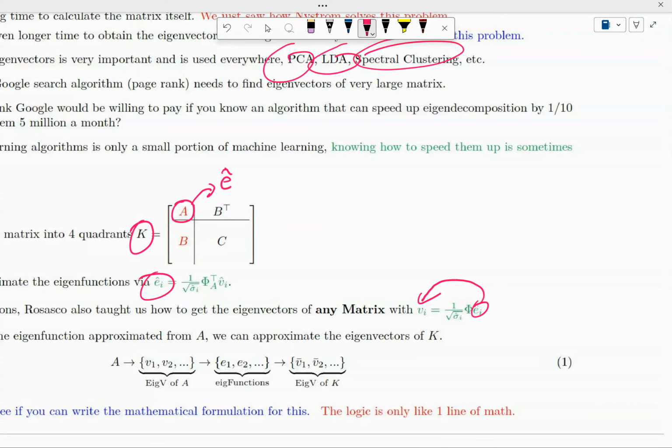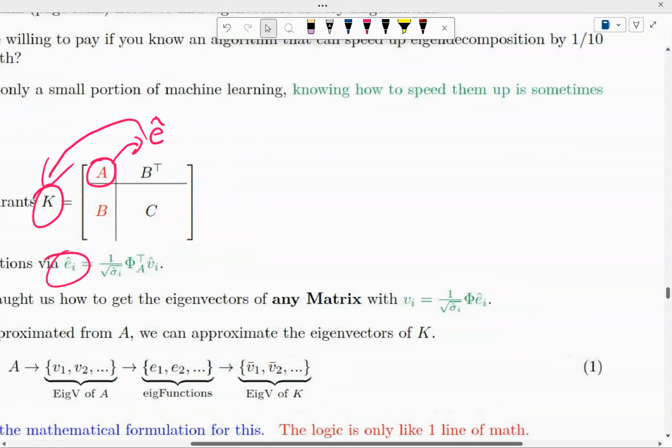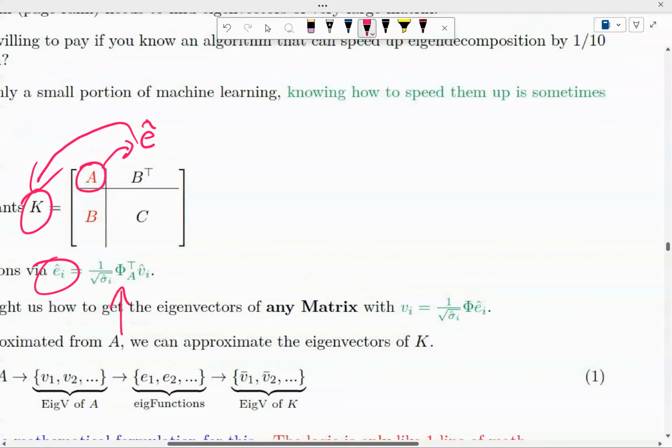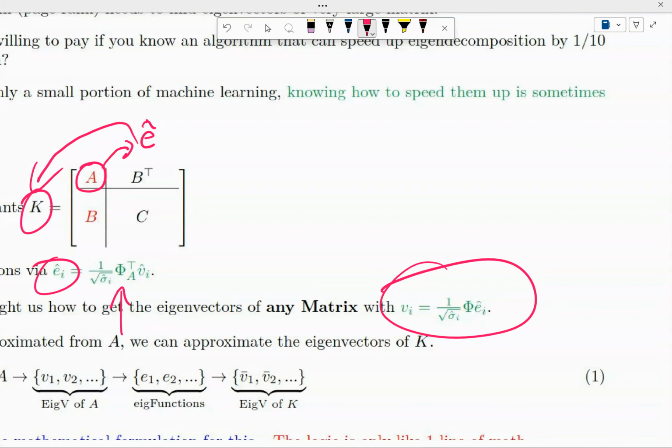And once we have the eigenfunctions of K, we can get the eigenvectors of K back using the second one. The only difference is that when you're trying to get the eigenvectors of the entire matrix, instead of phi A, you're going to use phi, because phi has n samples. So you're using the entire phi. And that's it.